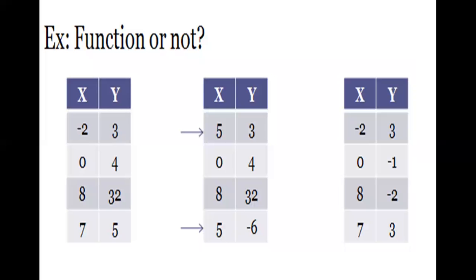Function or not? What is a function? Function or not: x: minus 2, 0, 7; y: 3, 4, 3, 2, 5. Another example: x: 5, 0, 8, 5; y: 3, 4, 3, 2, minus 6.